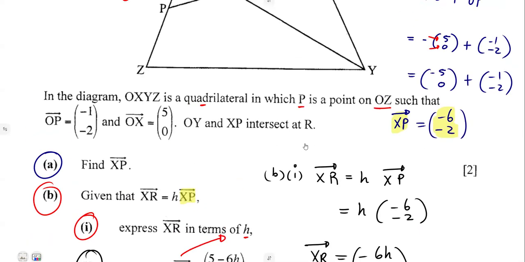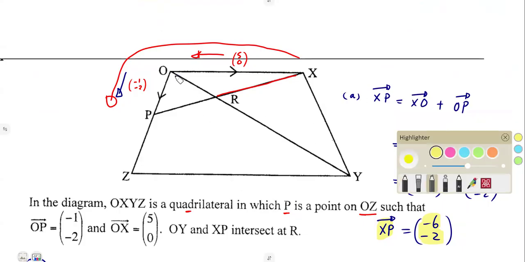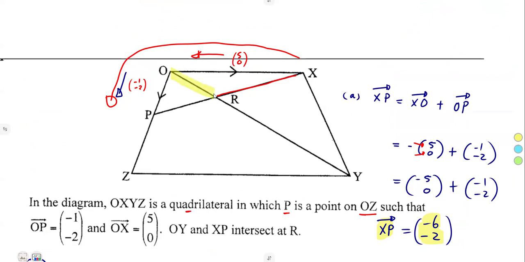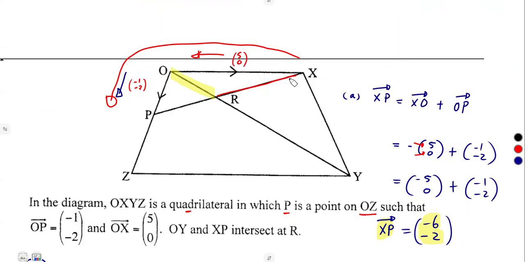All right, so OR, which root are we going to take? From O to R, this is the vector that we are being asked, this one, from O to R. But we must include what? We must include XR in the root. So meaning to say, definitely, we are going to move this way.